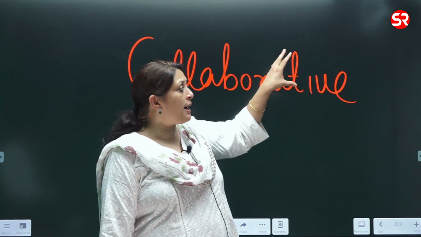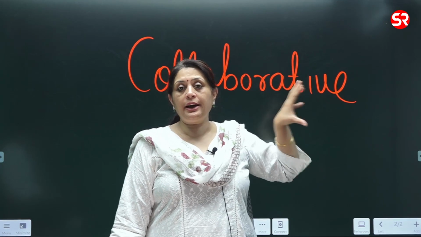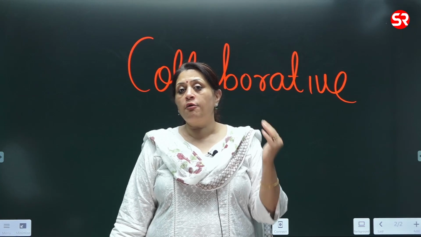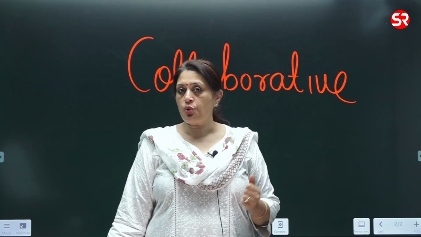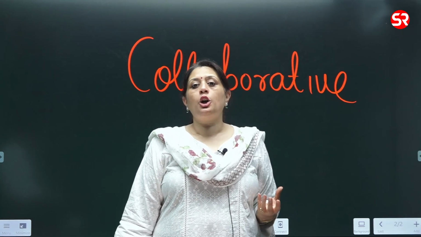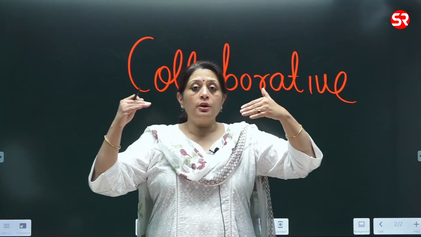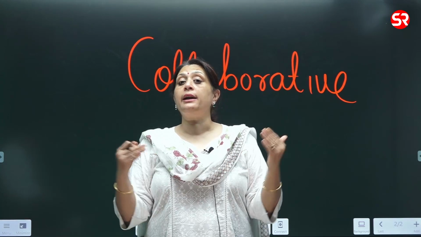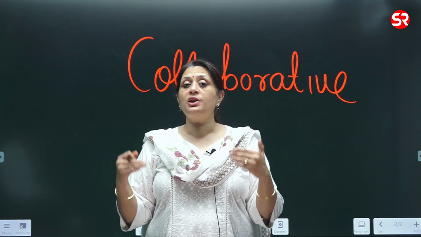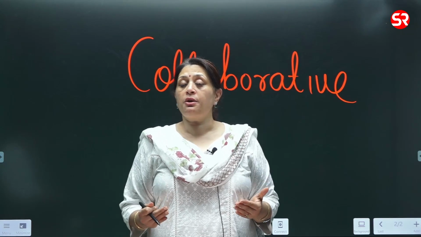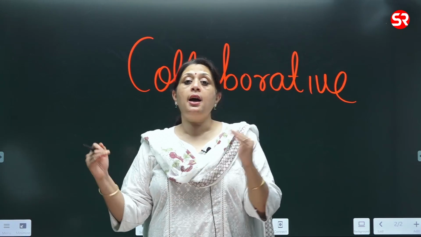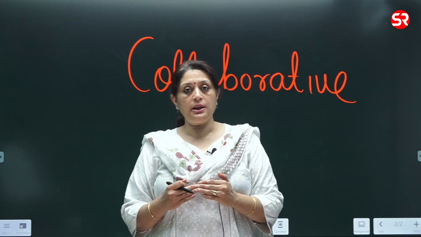So the collaborative model is the key for the harmonious functioning of the institution, which expects the Center and states not to go against each other and compete, but to cooperate in the best interest and to achieve the constitutional goal of human dignity and unity and integrity.